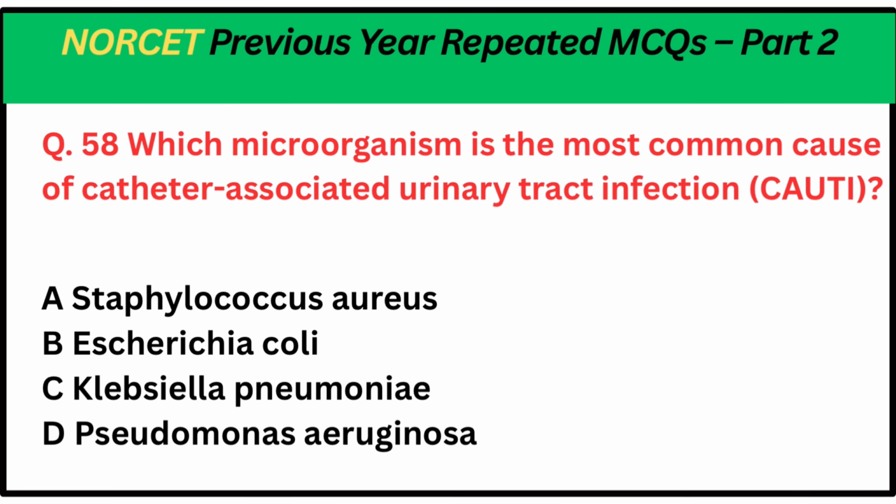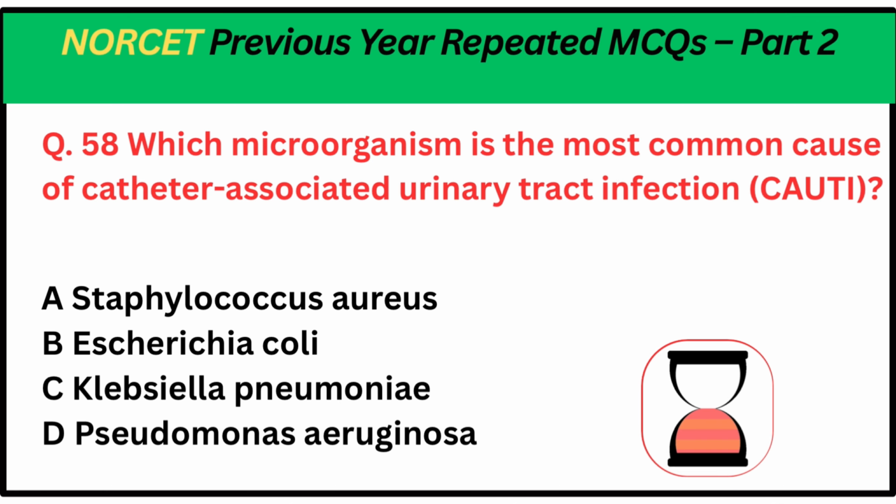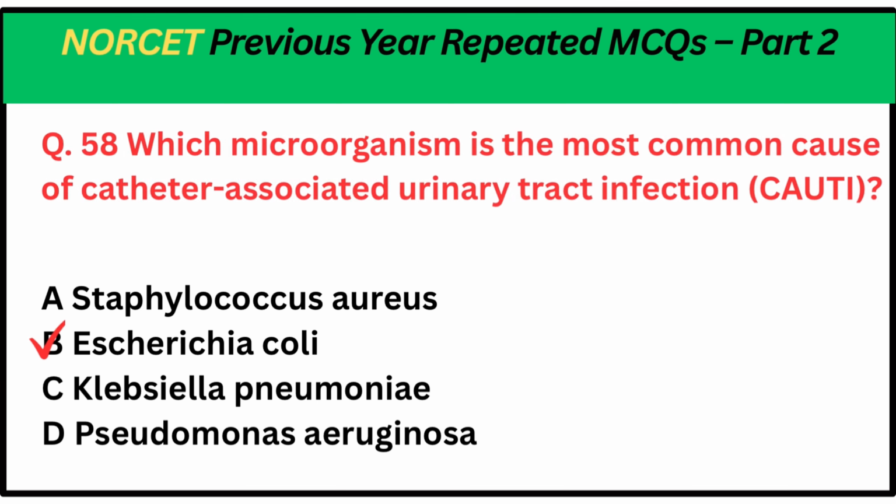Which microorganism is the most common cause of catheter-associated urinary tract infection or CAUTI? Your correct option is option B, E. coli. Moving to the next one, 59.